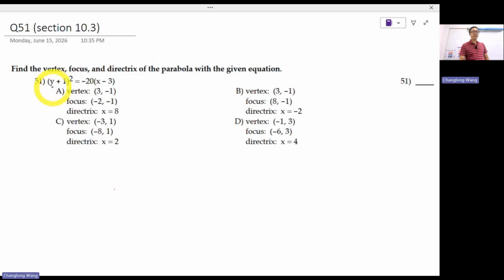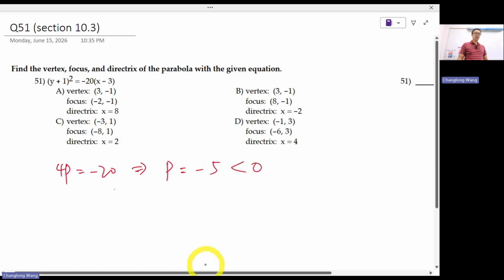Now, first off, it is again a horizontal opening parabola with 4p to be -20. So then p is -5, right? So it opens to the left.